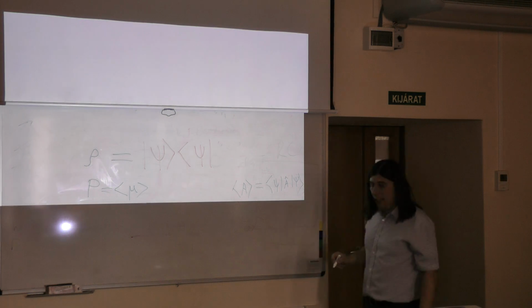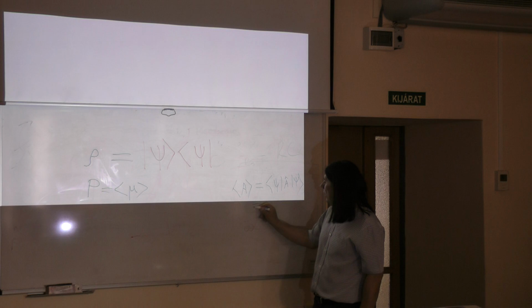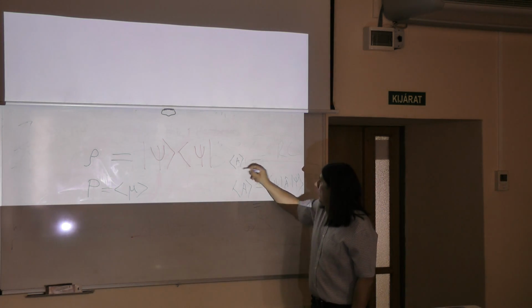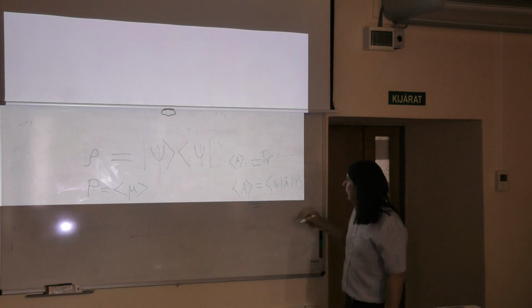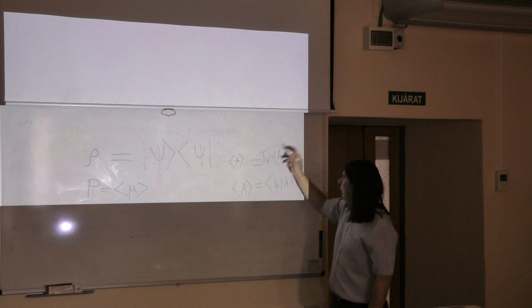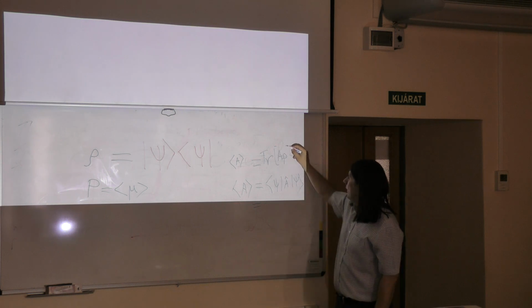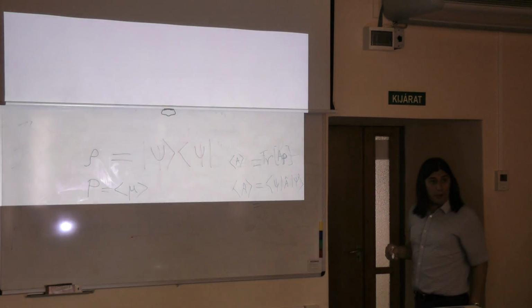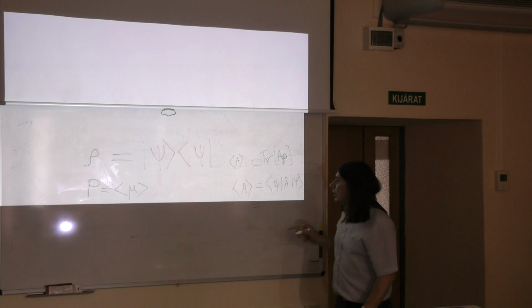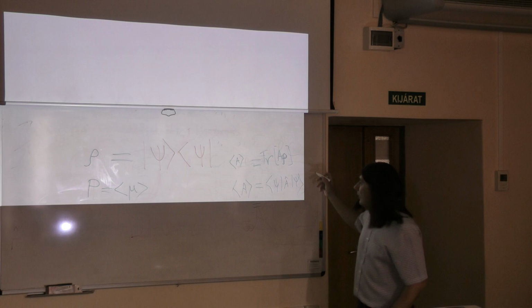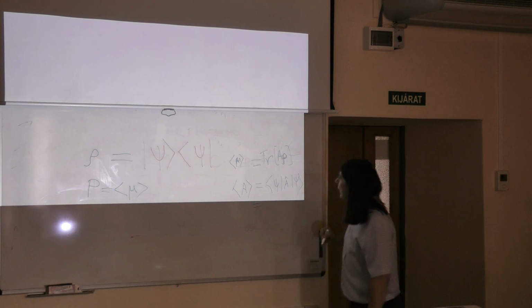But with the density matrix, this is equal to the trace of the operator, whatever operator, and the density matrix. The trace means just sum the diagonal elements, right? So for the dipole moment, bear with me, it becomes clear in a second.